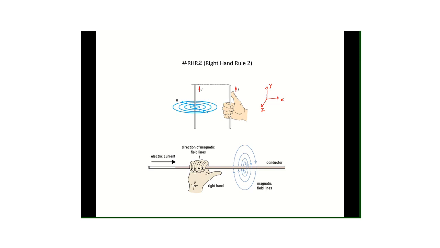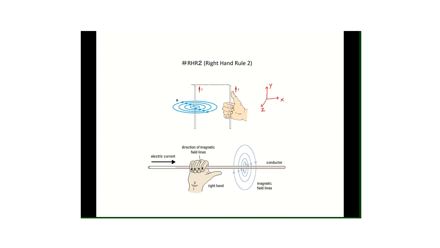So let's say I have an electric current inside this wire, and let's say the direction of the current is going upward like this. We know that the electric current within a wire produces a magnetic field.